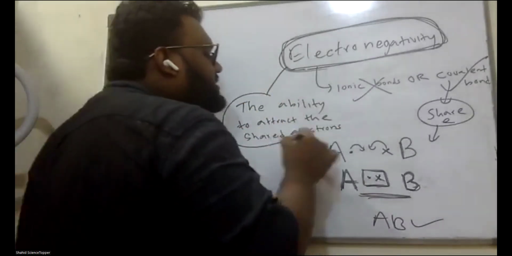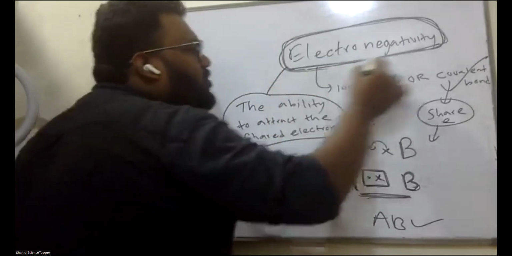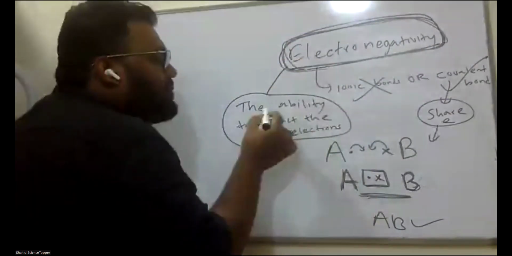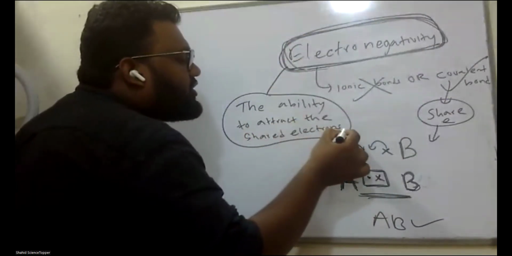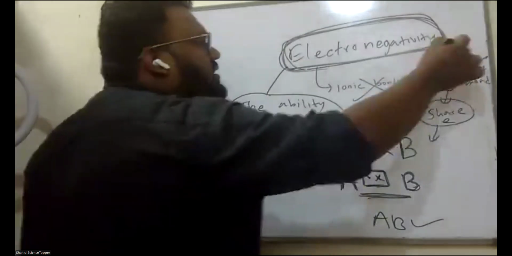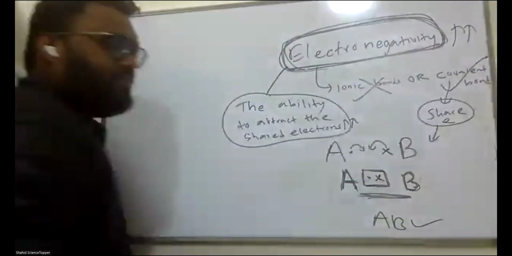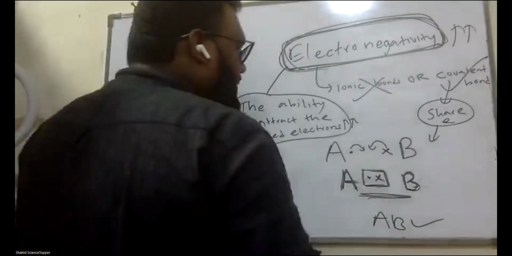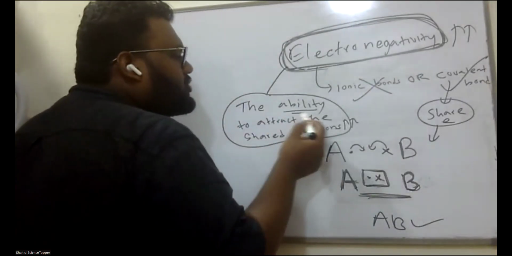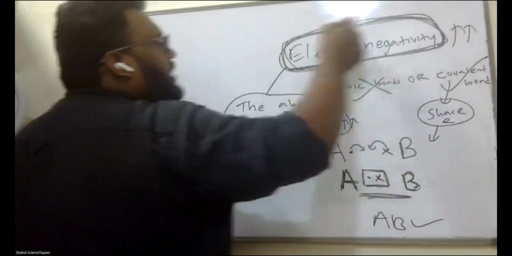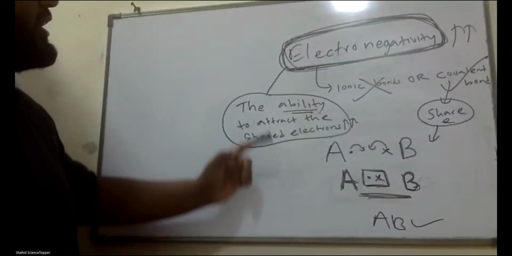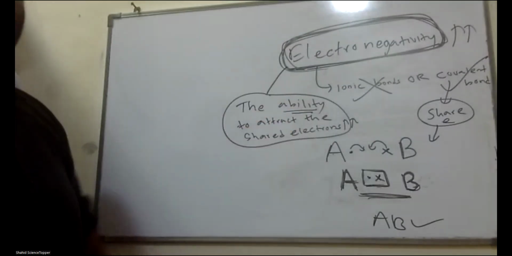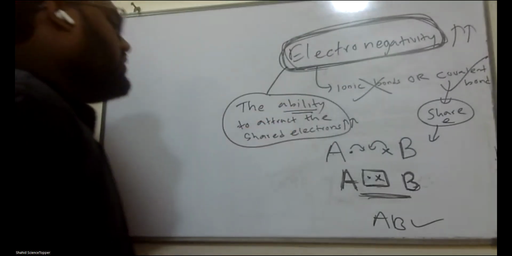So if someone is having more electronegativity, the ability to attract the shared electron is also high, correct? So the ability to attract the shared electrons is called electronegativity.